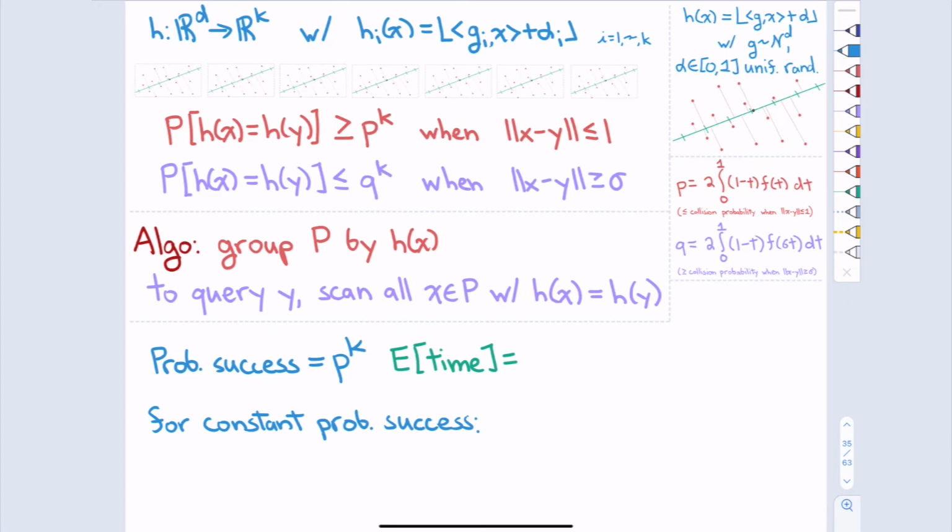Now to do a query, what would be my expected running time? The previous running time times k would be this.